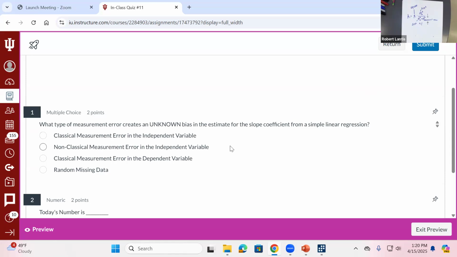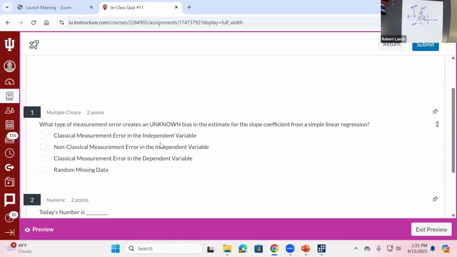In one of the examples where I multiplied it by BMI, it actually lowered the coefficient. The one where I think I did times 1.5 or times 0.5 times BMI, it actually increased it. So there, non-classical measurement error in our independent variable created a bias, but we don't know if it's going to be higher or lower. So that's going to be the one that's an unknown bias.